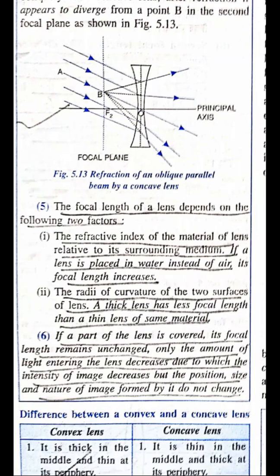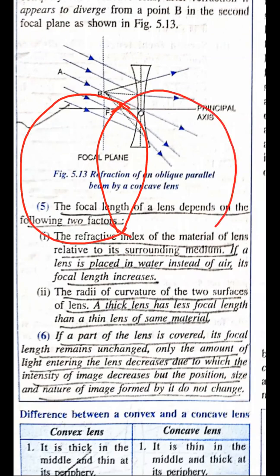Let me draw a bit smaller lens. This is made from this circle and this is made from this circle, right? So this will be the radius. Imagine now it is a thin lens. This is made from this circle, which is not even coming here, right? Which means the thinner the lens, the more will be the radius and the more will be the focal length.